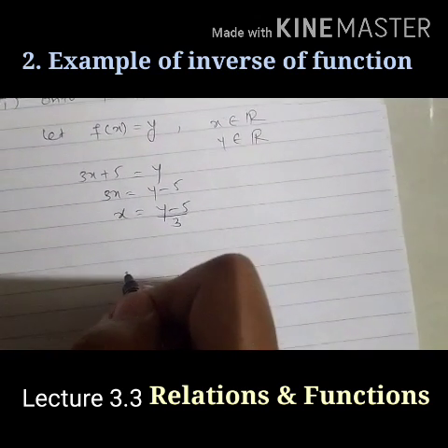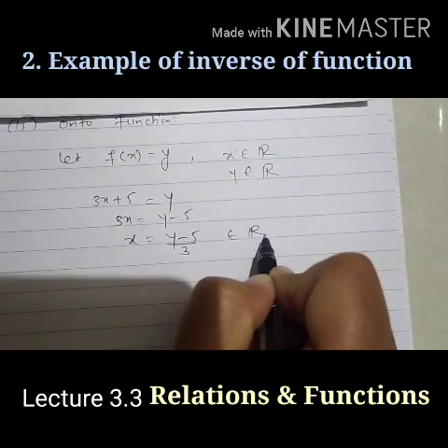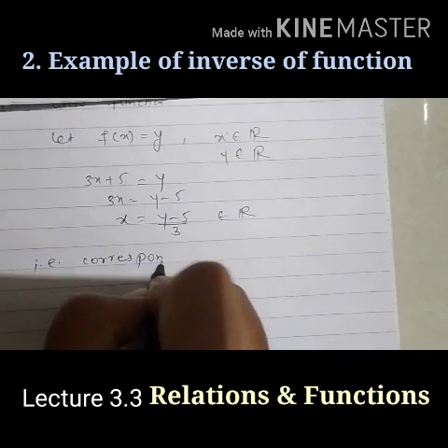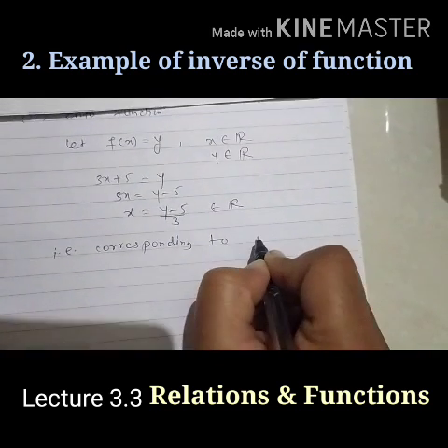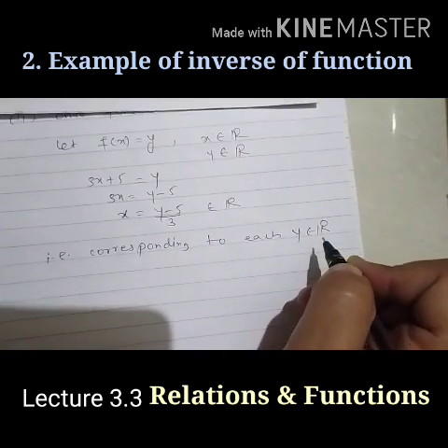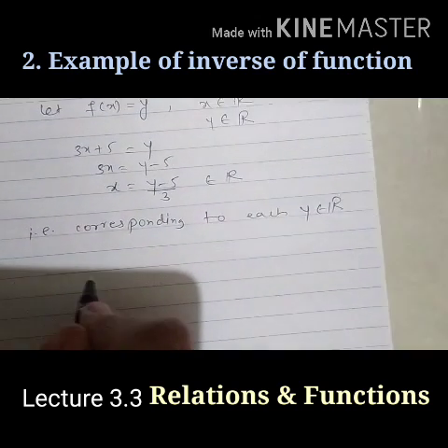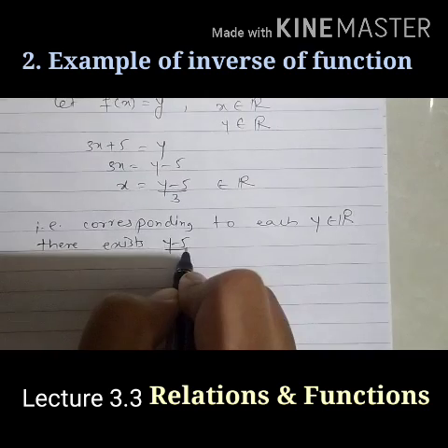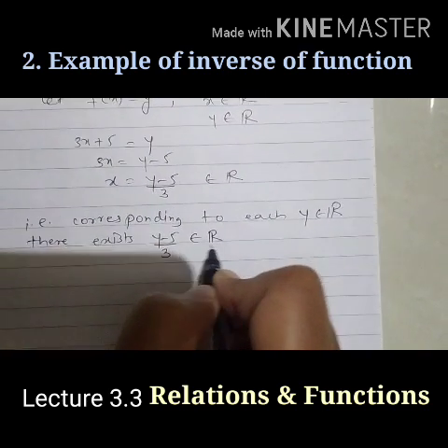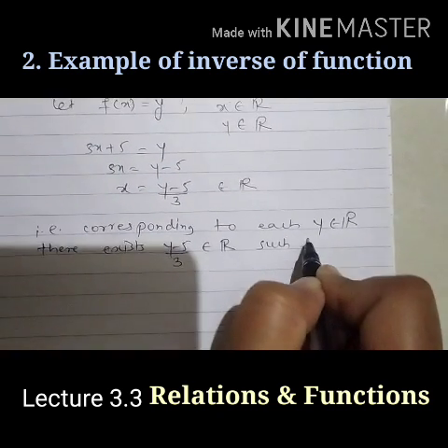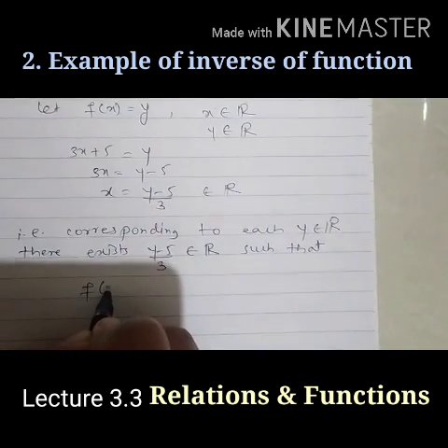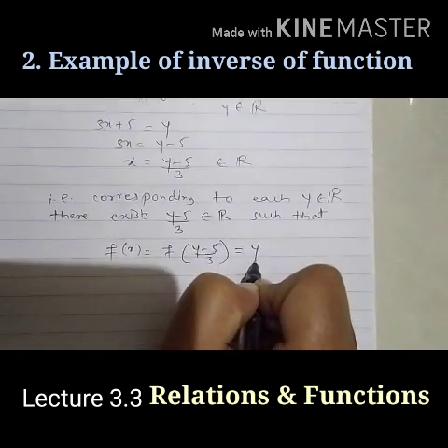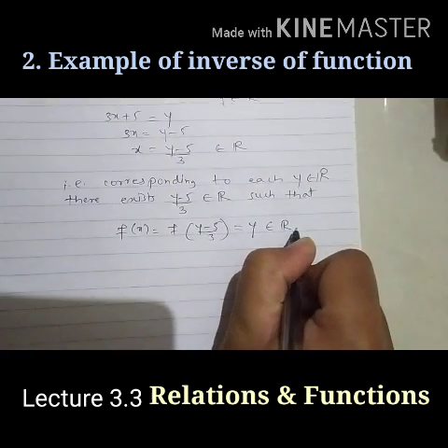Okay. Now this x belongs to the set of real numbers, that is, corresponding to each y belonging to the codomain set, the set of real numbers, there exists (y minus 5) by 3 belonging to R, the domain set, such that f of x, that is, what is x now? f of (y minus 5) by 3 equals y, belonging to R, the codomain set.